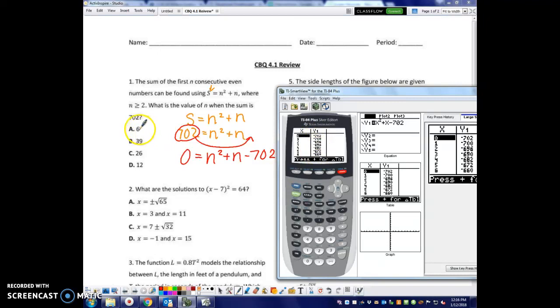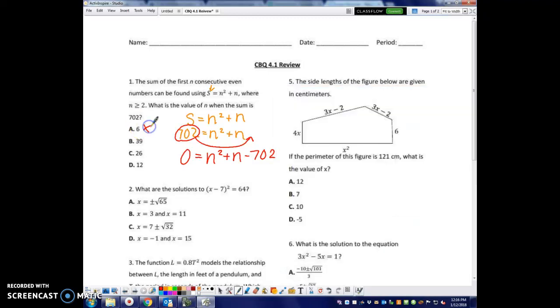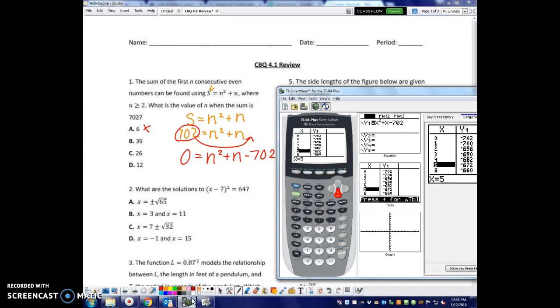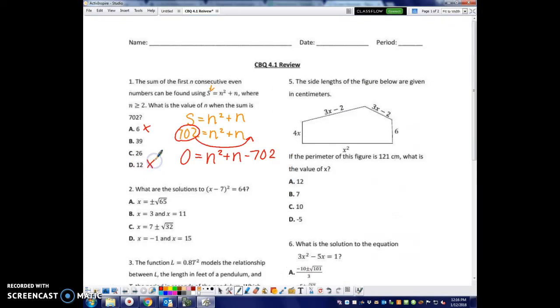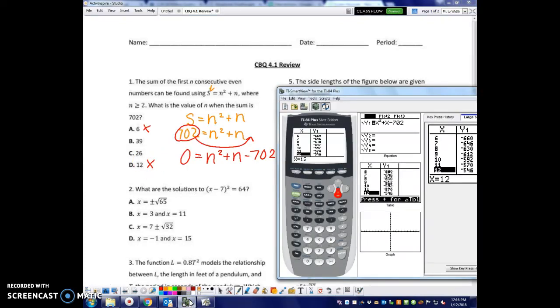So use these numbers. Let's go to 6 first. Is y 0 for 6 when x is 6? No. Okay, let's check number 12 next, because he's next in line. So 12. Is y 0 when x is 12? Nope. 26.